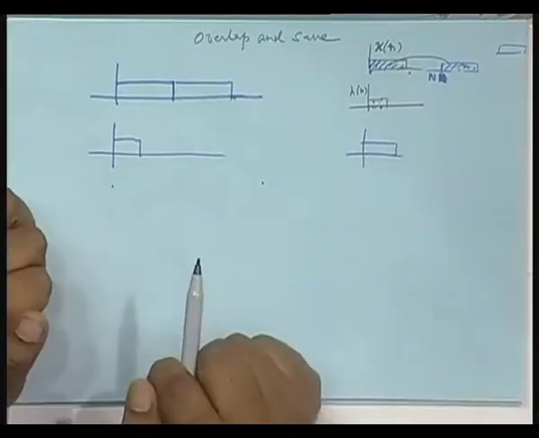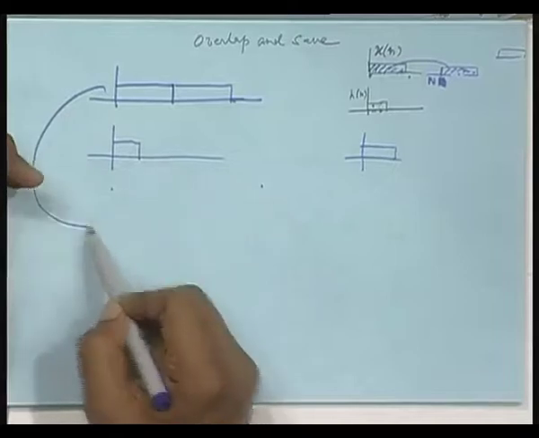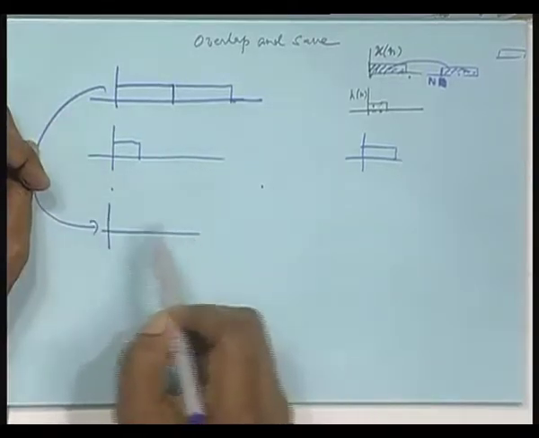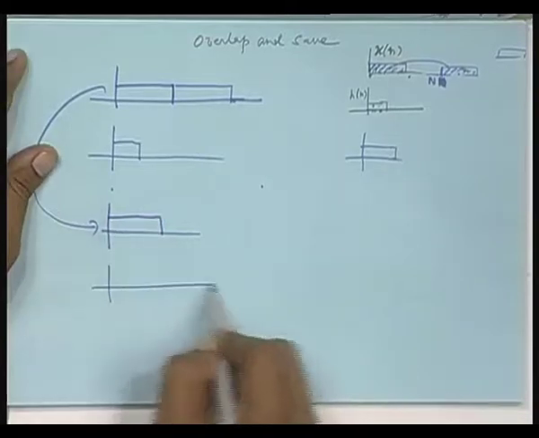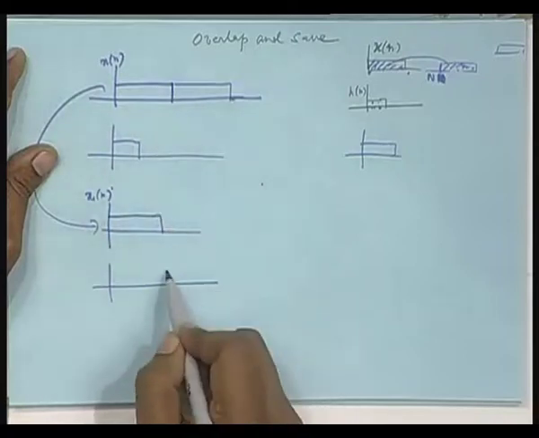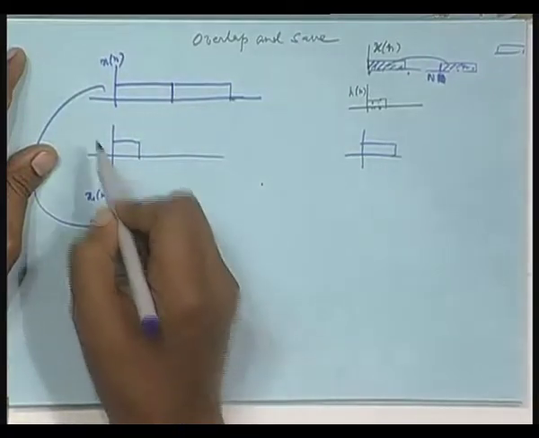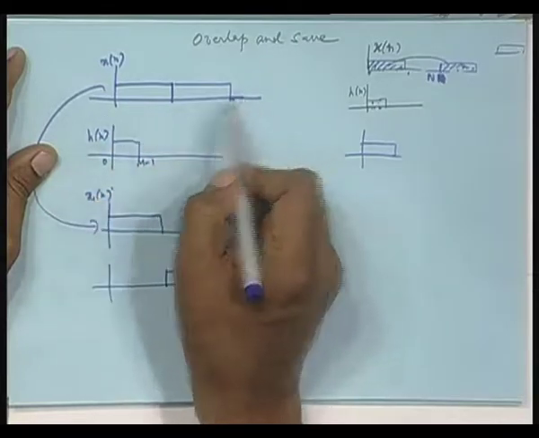We all know convolution. Suppose this data I break into two components, one component x1 n, this was x n, and this is h n, whose length is 0 to m minus 1.